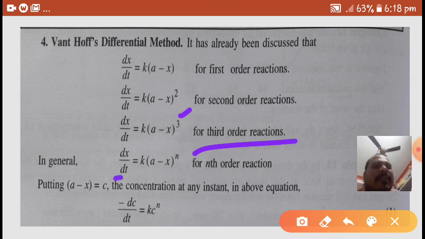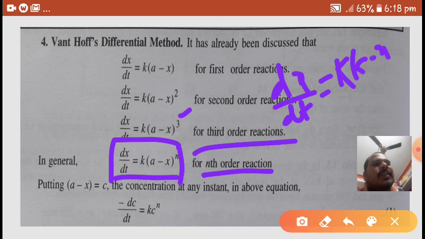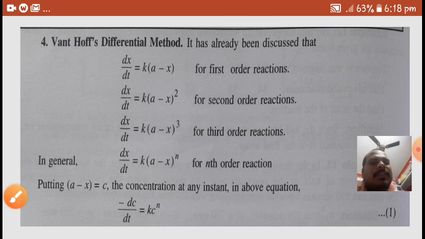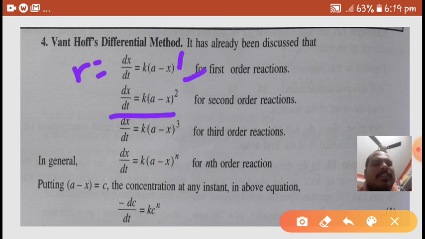So for nth order, the equation should be like this: dx by dt is equal to k into (a minus x) to the power of n. For first order reactions, the rate r is equal to dx by dt, equal to k into (a minus x) to the power of n, with n equal to 1. For second order reactions, it is 2.